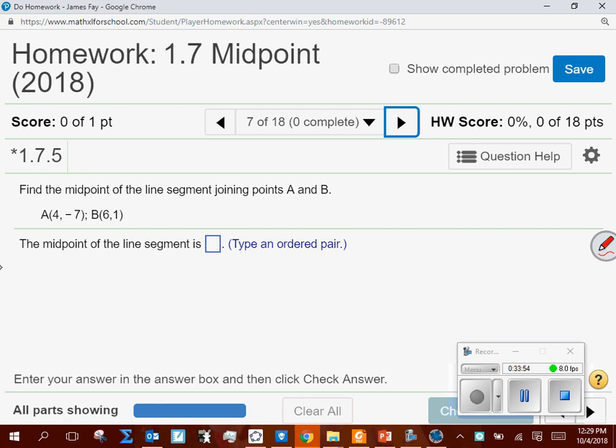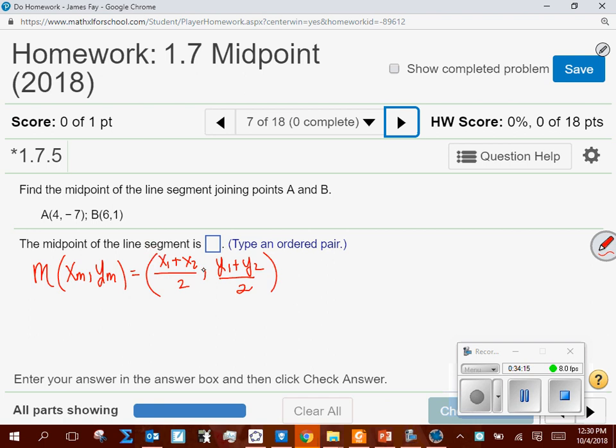But remember, the midpoint formula says the midpoint, which has coordinates x and y, is equal to x1 plus x2 over 2 and y1 plus y2 over 2.